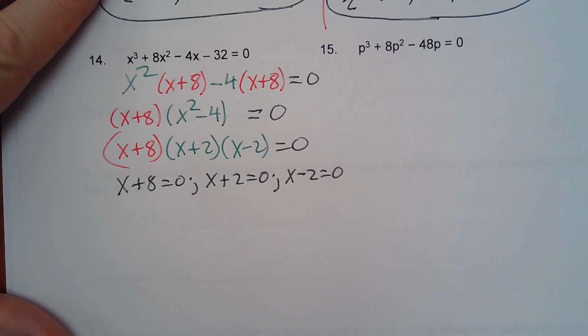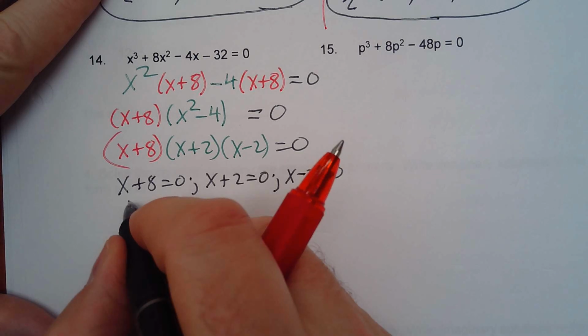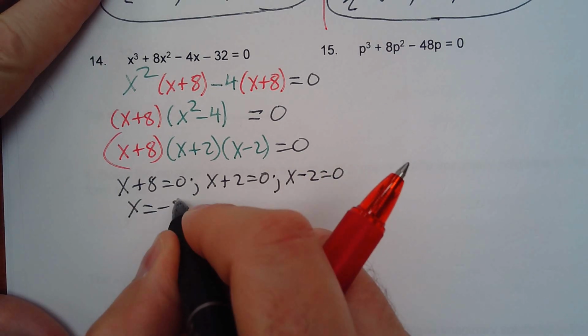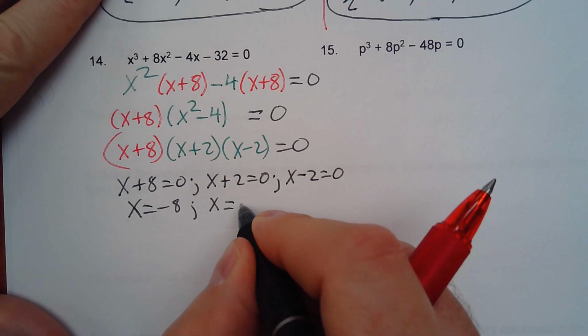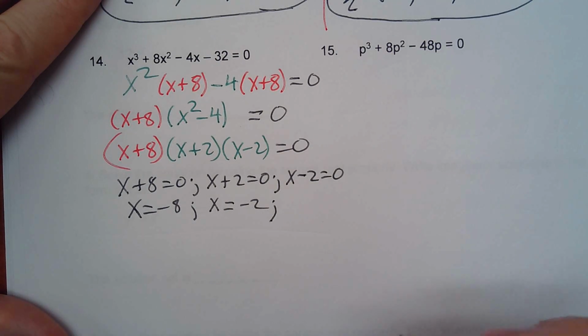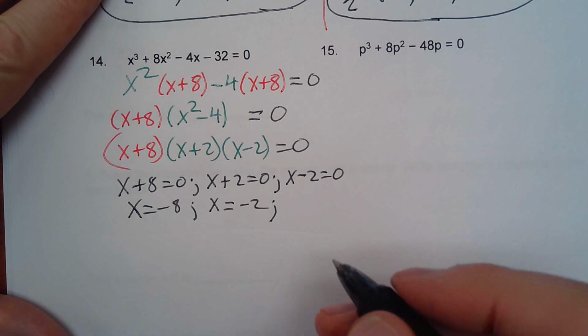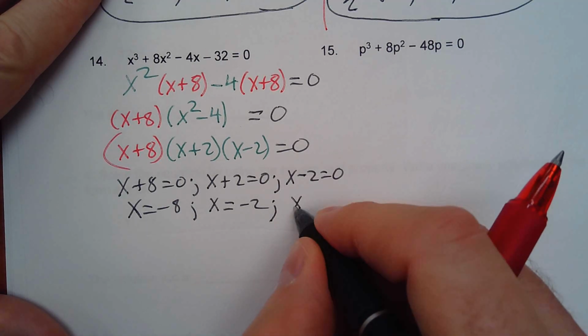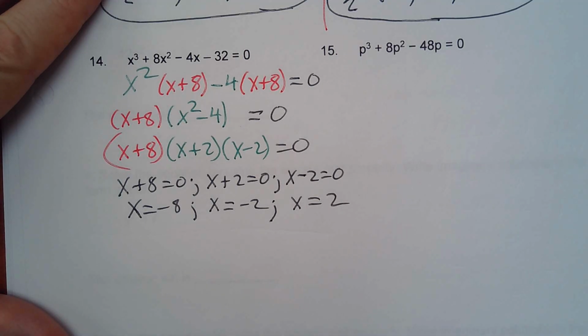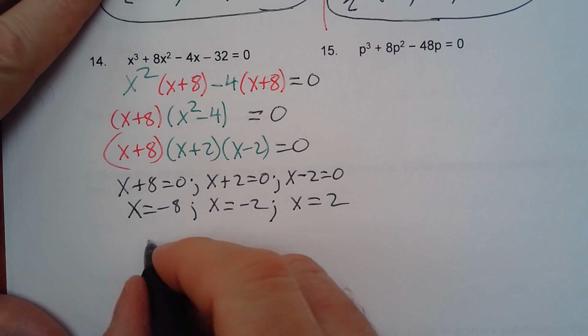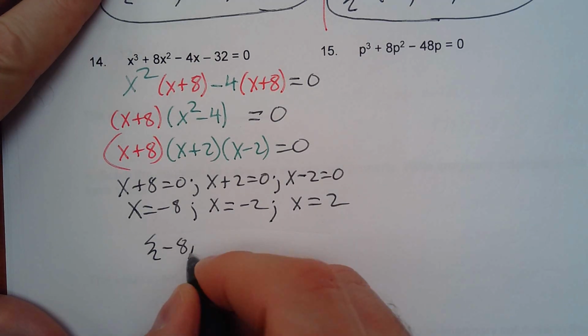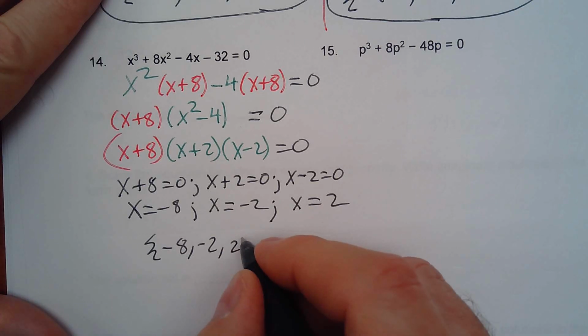So on this first one, subtract 8 from both sides, we get x equals negative 8. For the second one, subtract 2 from both sides, we get x equals negative 2. For this third one, go ahead and add 2 to both sides. We get x equals positive 2. So those are our three answers, negative 8, negative 2, and 2.